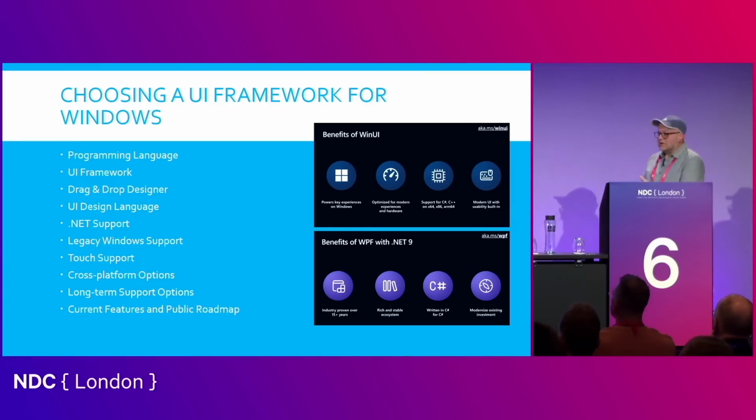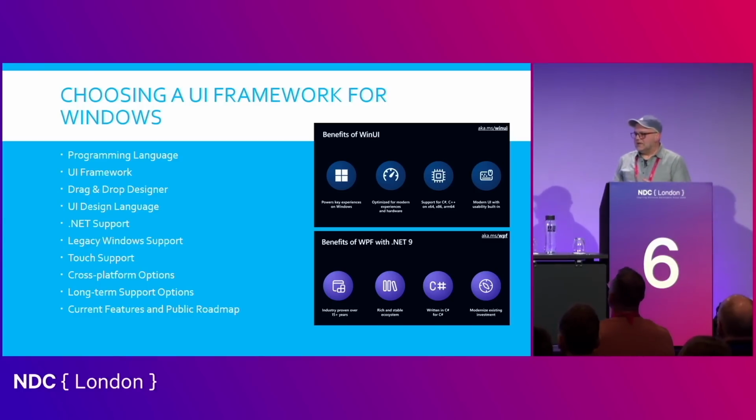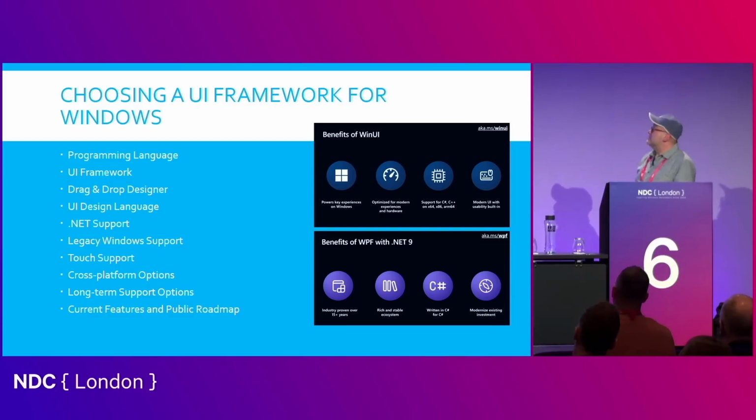So, choosing a framework. I stole a couple of graphics from Ignite last year. The WinUI team did a demo on some WinUI and WPF pros and cons themselves. WinUI powers key experiences on Windows. Like I said, File Explorer and other apps are starting to use WinUI.